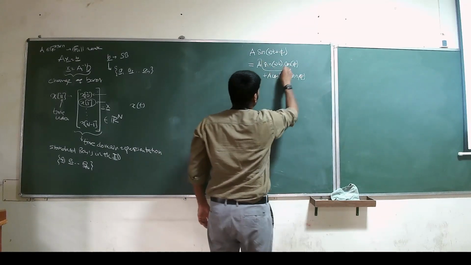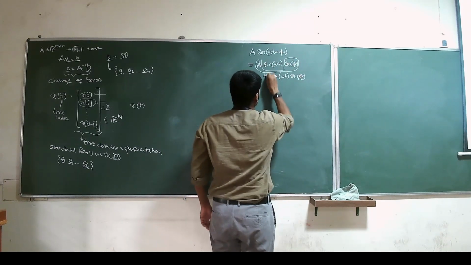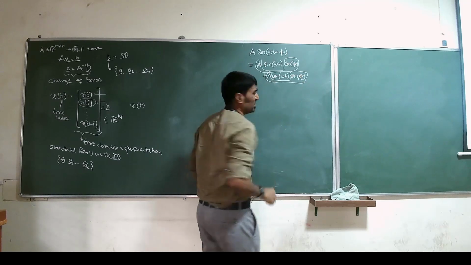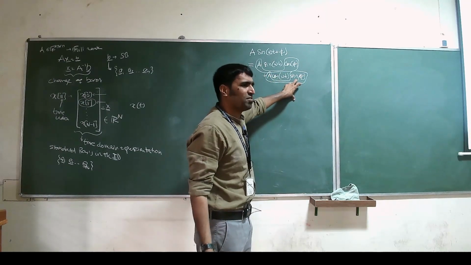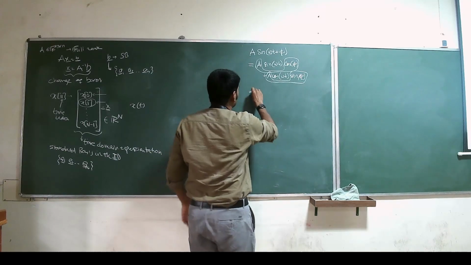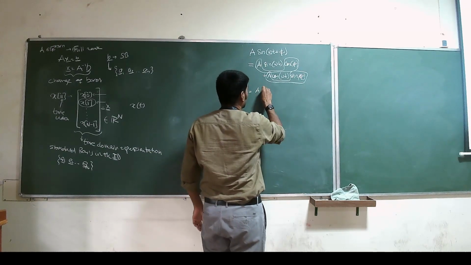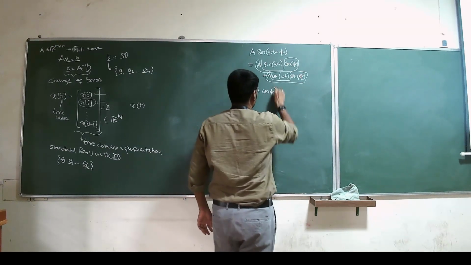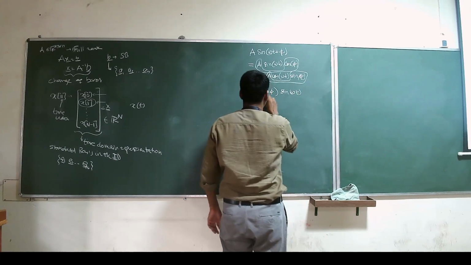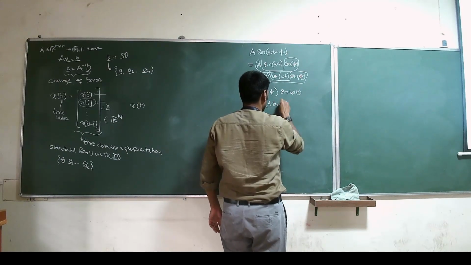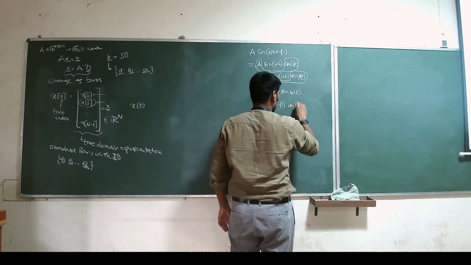So if I tell you A cos phi and A sin phi, you can figure out both A and phi from that, right? So that's another way to represent the same signal: A cos phi into sin omega t plus A sin phi cos omega t.